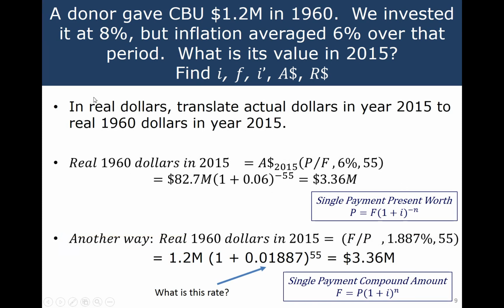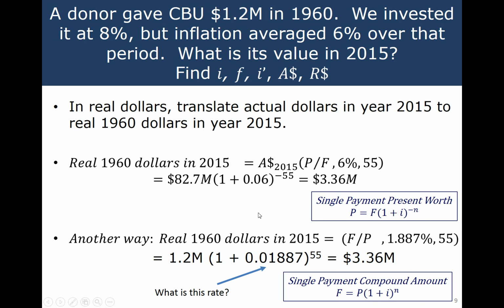And then for the real dollars, we translate the actual dollars of the year 2015 to the real 1960 dollars in year 2015, and we can use the future value to the present value, right? We know that the inflation rate is about 6%, and the period is 55 years.